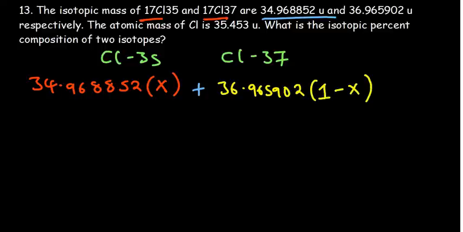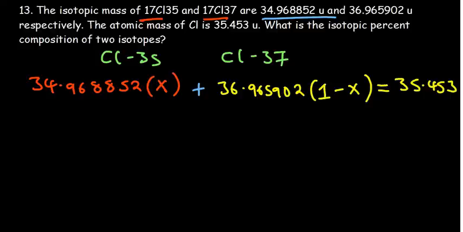We use 1 to denote our percentage, so that once we get the value of x, we just multiply by 100 to get the percentage value. So this should be equal to 35.453.